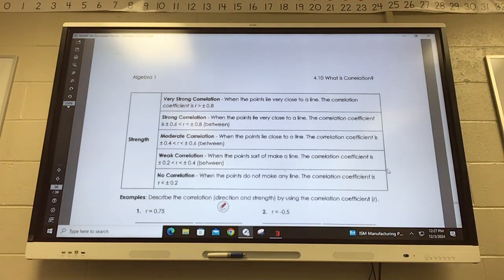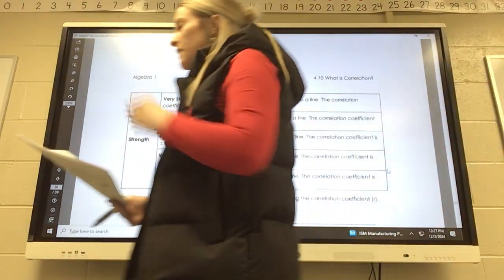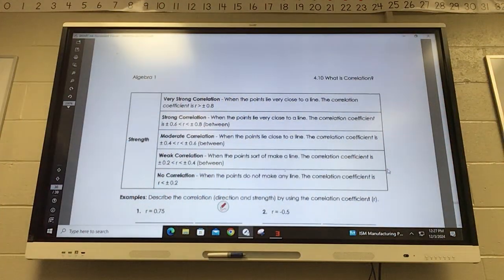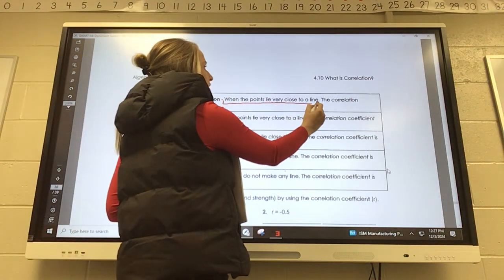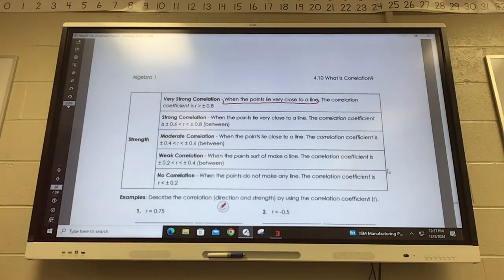Then we can get a little bit more specific and talk about those decimals that I was kind of adding to your notes on that last page. The decimal itself, the number itself, tells you how weak or strong your relationship is. So if it's strong, that means it's going to be closer to the shape of a line. Your points are going to be very close to that line shape.